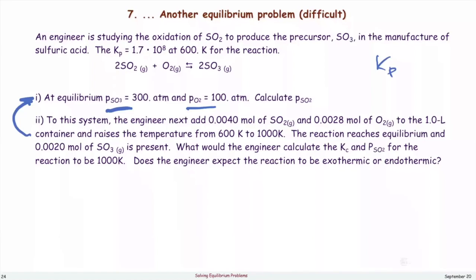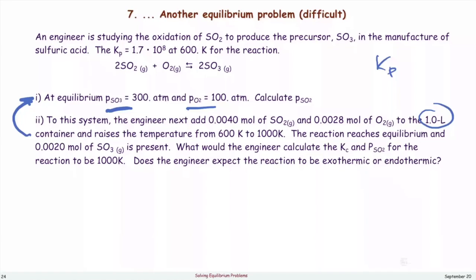Remember, I give you a volume in here somewhere, okay? Right here, a volume. So you can convert that 0.004 moles to molarity, and add 0.0028 moles of oxygen to the 1 liter container and raise the temperature from 600 to 1000.